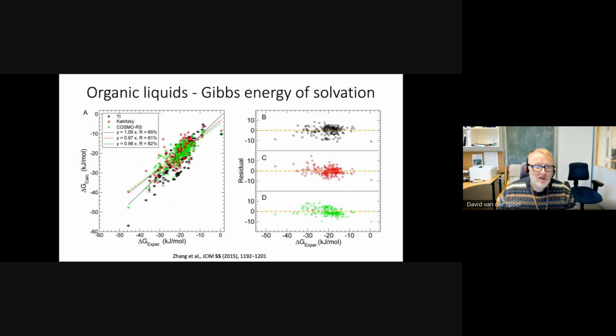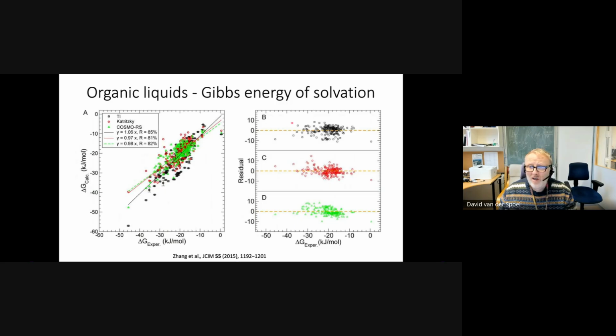More examples. Here are free energies of hydration, or free energies of solvation, I should say, where we have a few hundred numbers, experiment on the x-axis and calculations on the y-axis. On the right-hand side, we have the same data in a residual plot. I typically like residual plots better, because you can see much better how good the results really are.